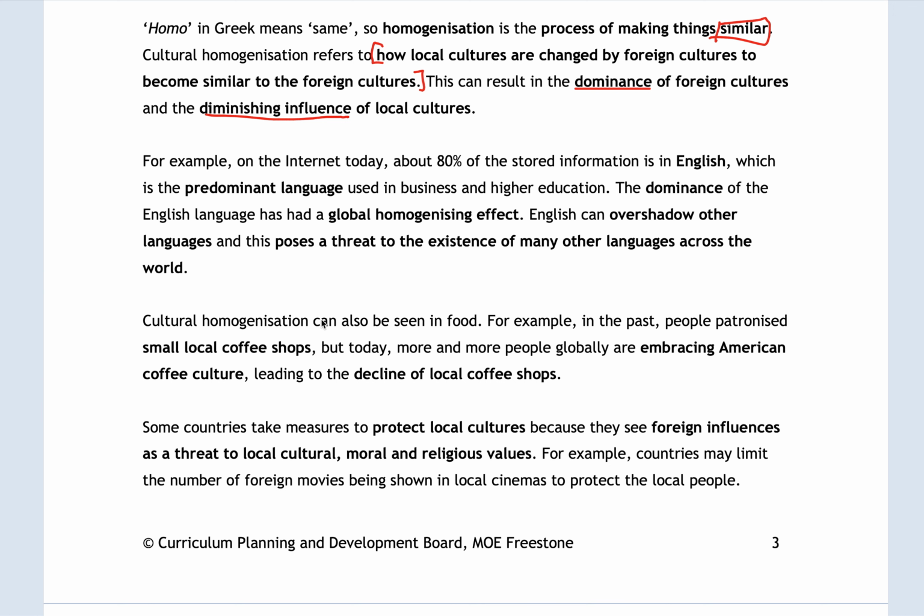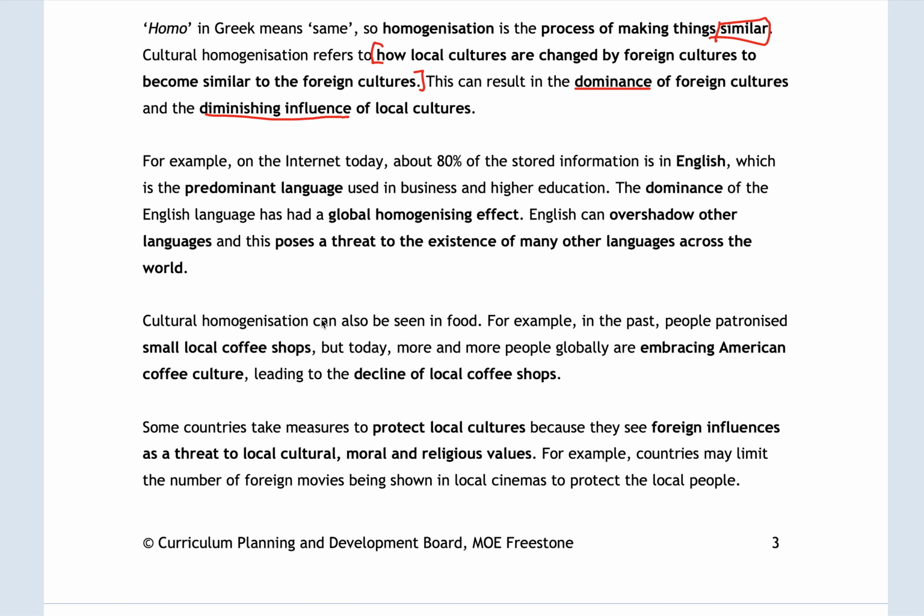But today, you realize more and more people, especially the younger generation, more frequently patronize restaurants, fast food chains, and all sorts of stuff that is not exactly local to Singapore, but slightly more Americanized or westernized in nature. Of course this will lead to the decline of local coffee shops in Singapore as well.